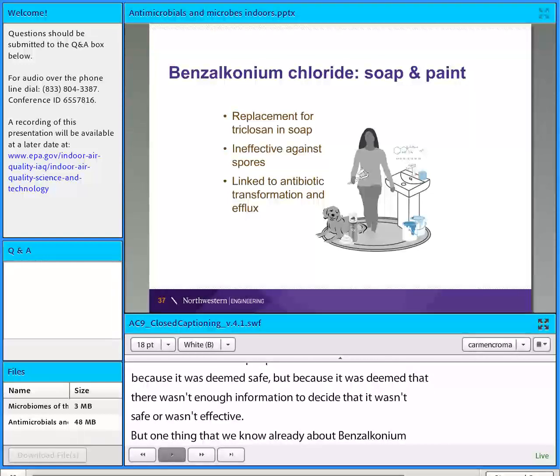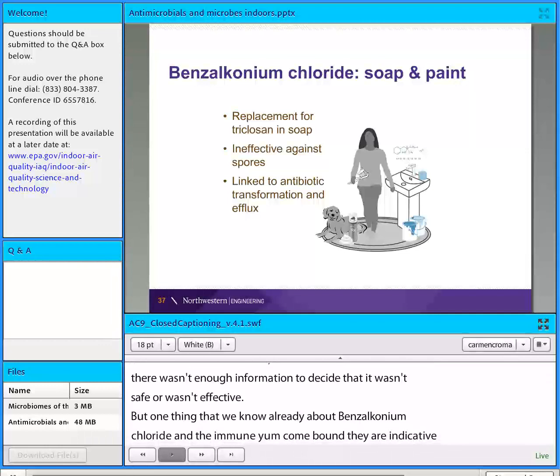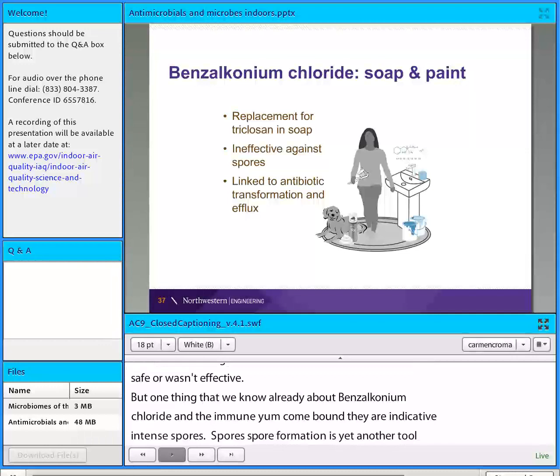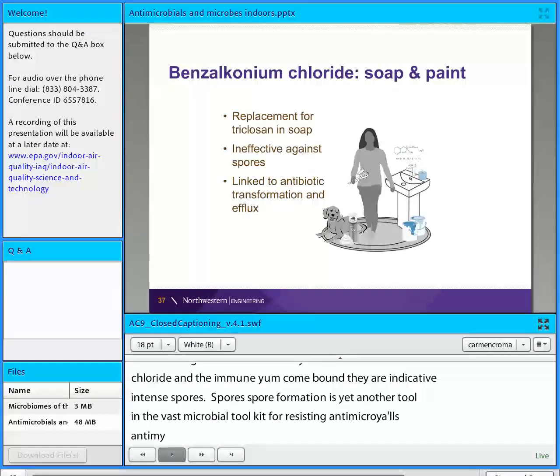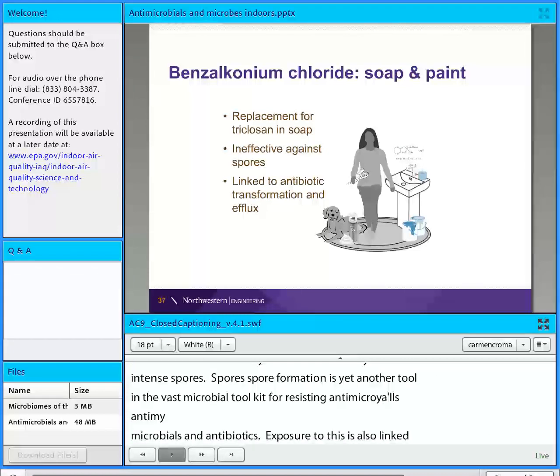Spore formation is yet another tool in the vast microbial toolkit for resisting antimicrobials and antibiotics, as well as all kinds of other environmental stressors. In addition, exposure to benzalkonium chloride is also linked to antibiotic transformation and efflux, so these are different mechanisms for potential cross-resistance between antimicrobials and antibiotic resistance.